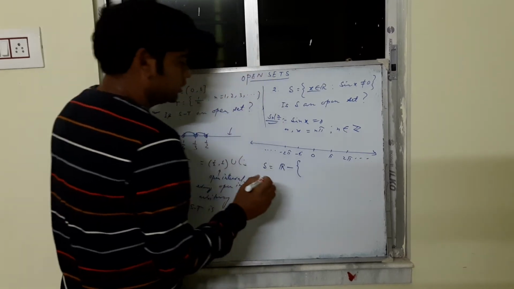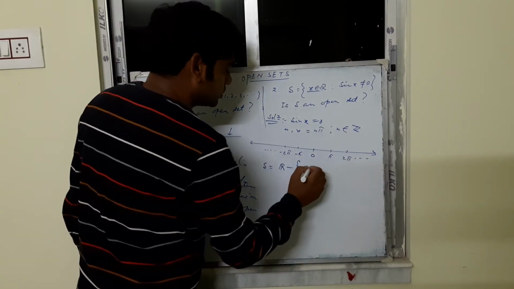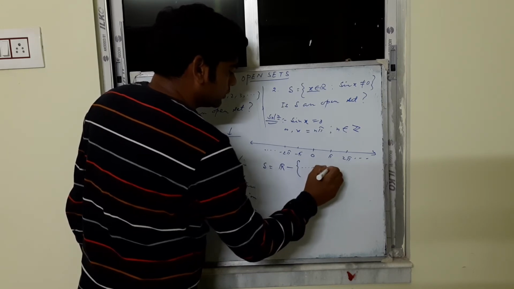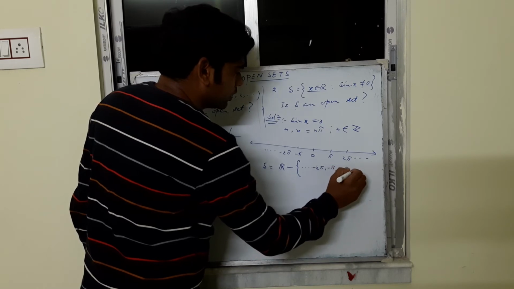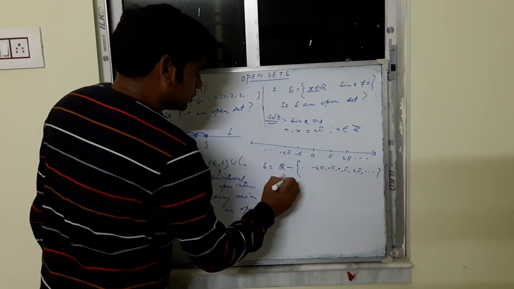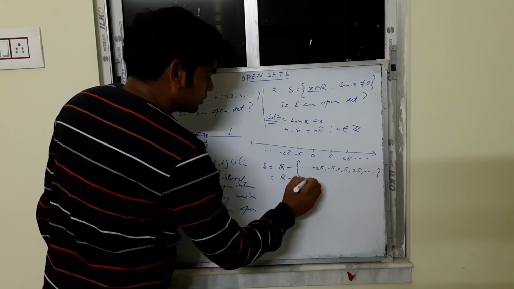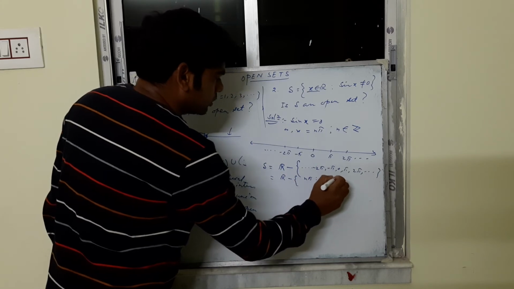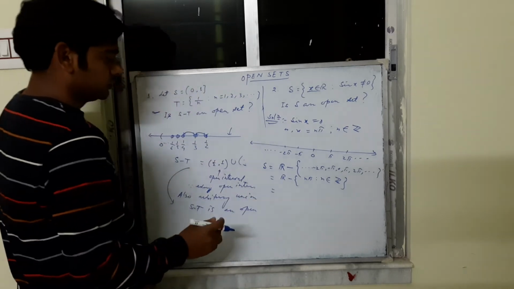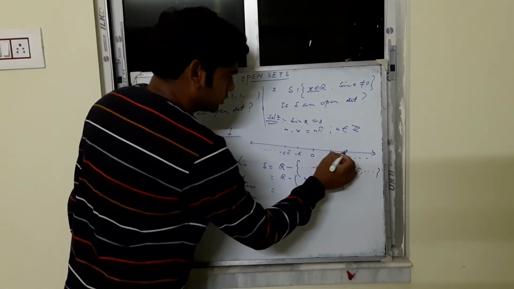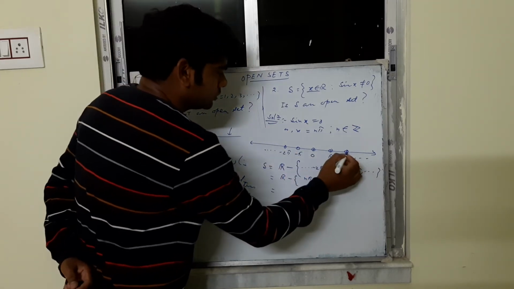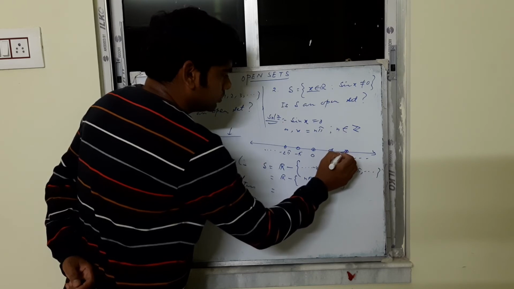We delete these elements: minus 2 pi, minus pi, 0, pi, 2 pi, etc. Or we write n pi such that n belongs to Z. Now from the figure we see that if you delete all those terms, we will get in between this set.